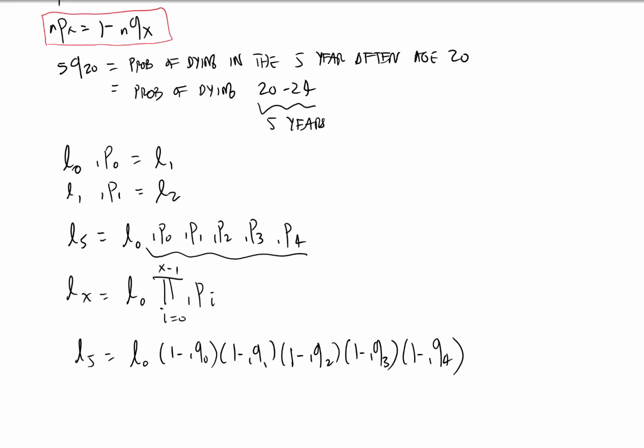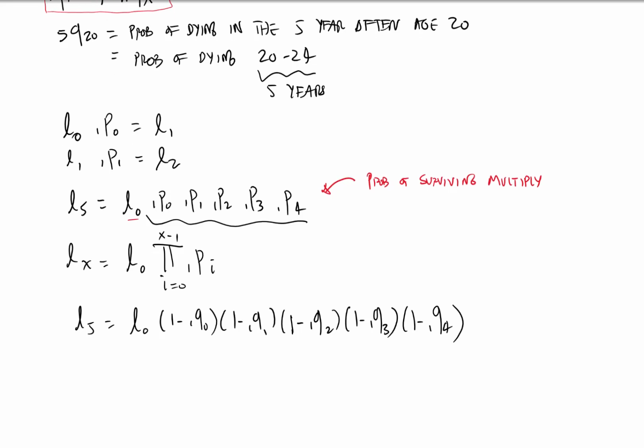And what do we see? What we see here is that the probabilities of surviving multiply in order to survive this cohort, this original cohort of L0, our radix, of L0 people up to L5.